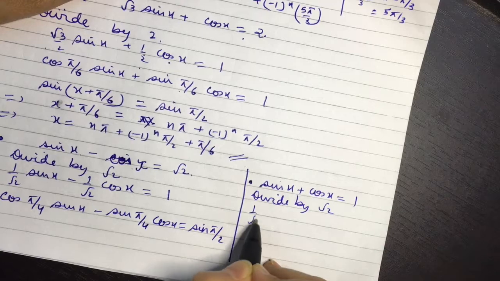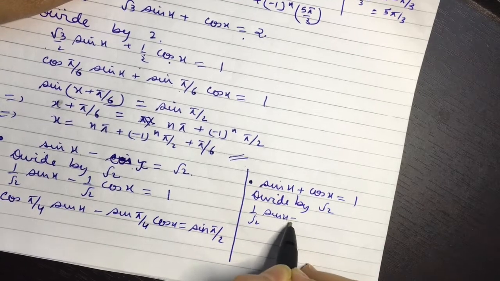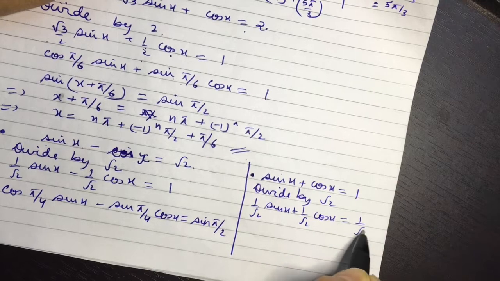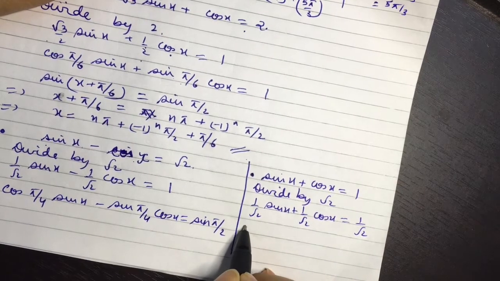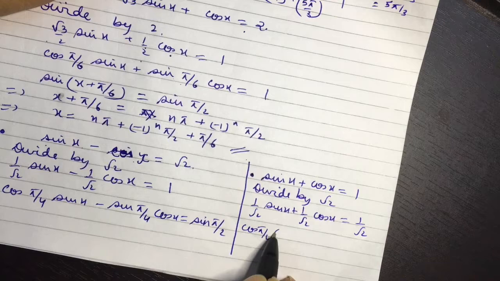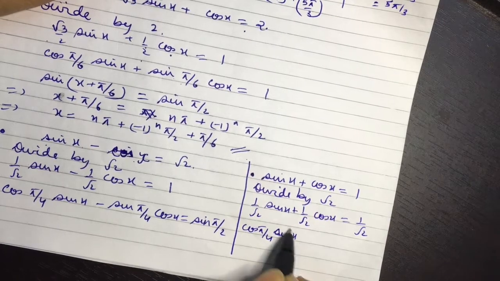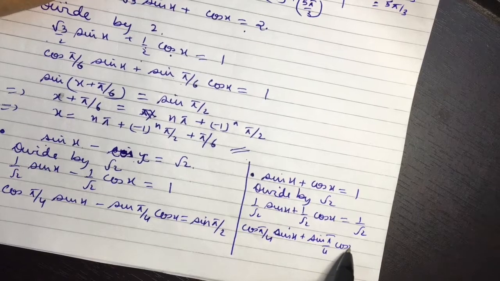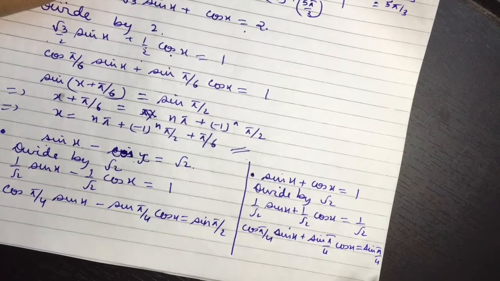So what do I get? 1 upon root 2 sine x plus 1 upon root 2 cos x is 1 upon root 2. Here same way, cos pi by 4 sine x plus sine pi by 4 cos x equal to, now here also I can write it as sine pi by 4.